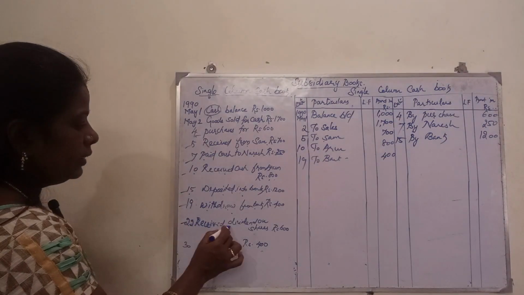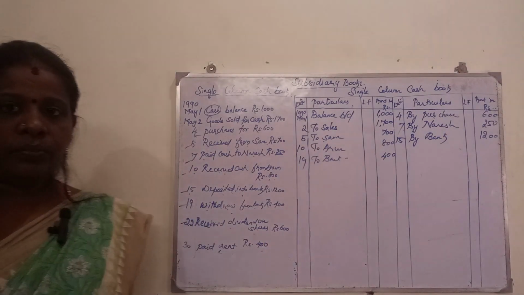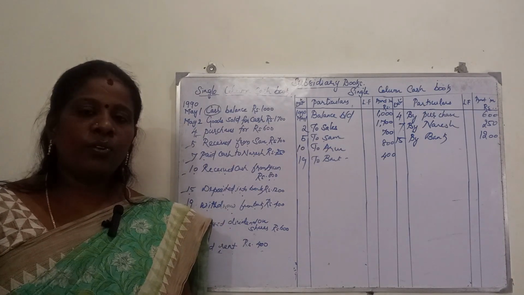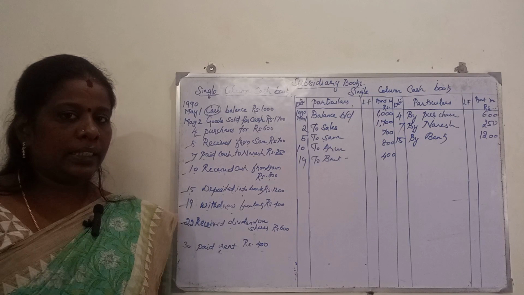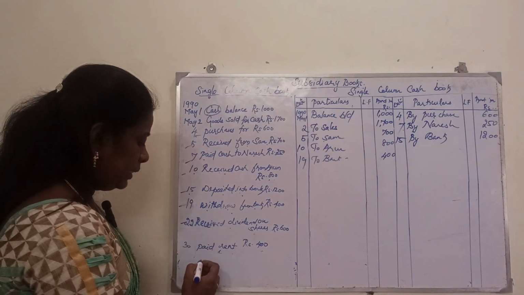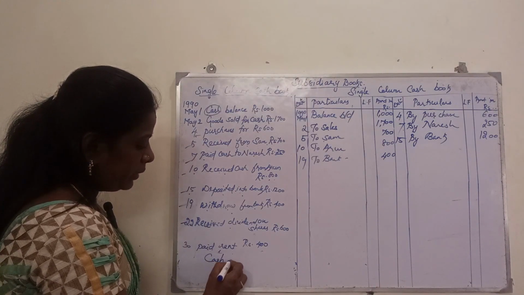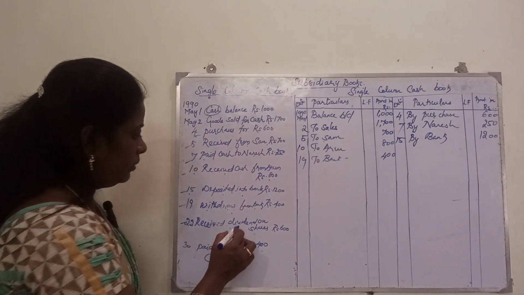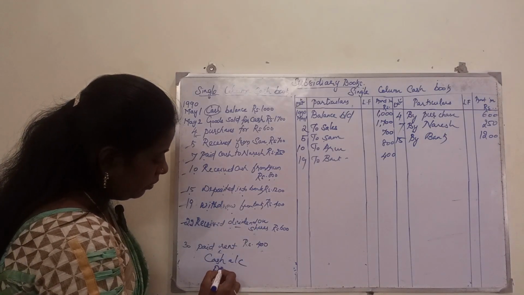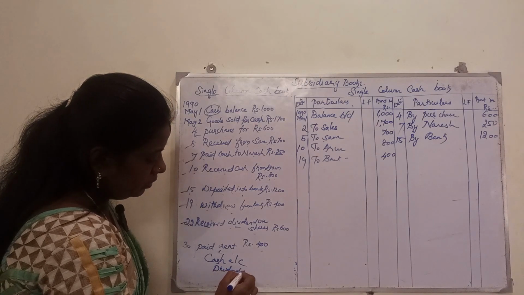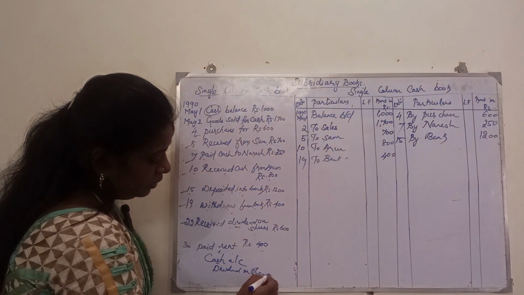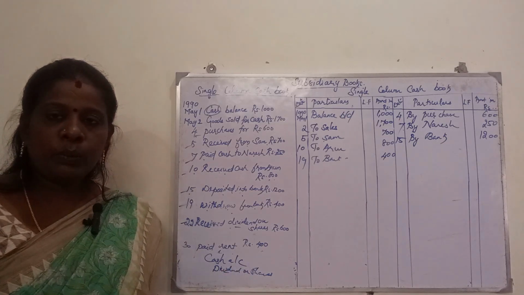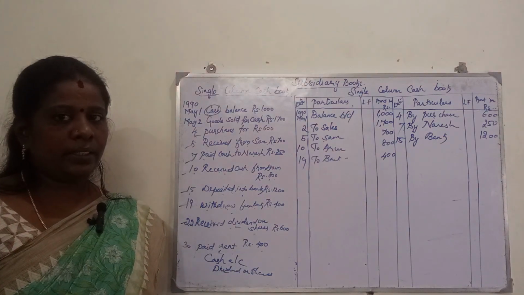Next one, received dividend on shares. The business concern received cash as dividend on shares. So what is the entry? Cash received, so cash debited. Dividend on shares is credited. This is income, so particular income has to be credited.